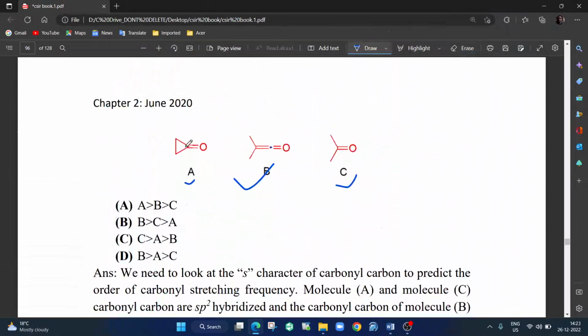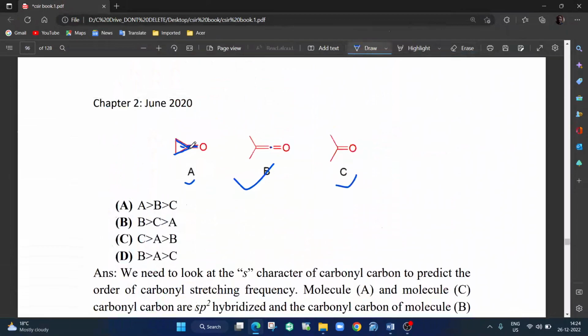So as p character increases, the bond angle requirement reduces. So this carbon, the inside bonds, these two bonds, get more p character. If you look at Jerry March, they call it almost sp5. At the expense of this, they get more s character here, but more p character inside the ring.